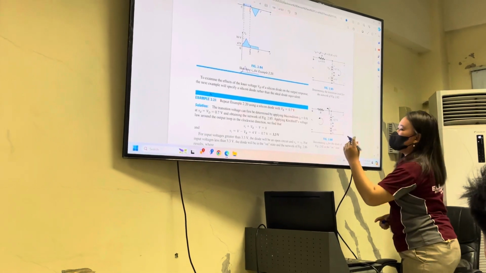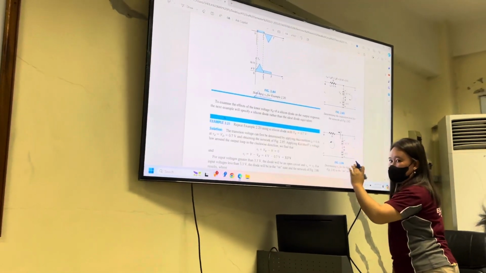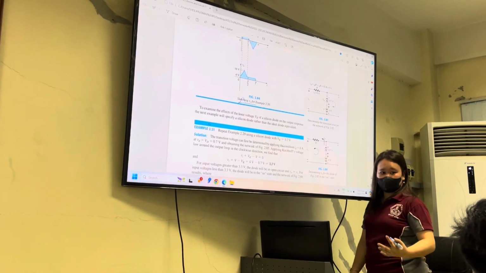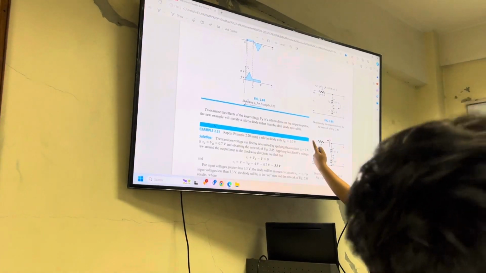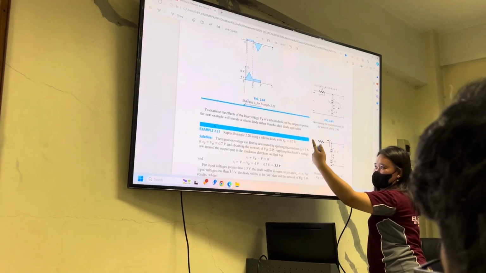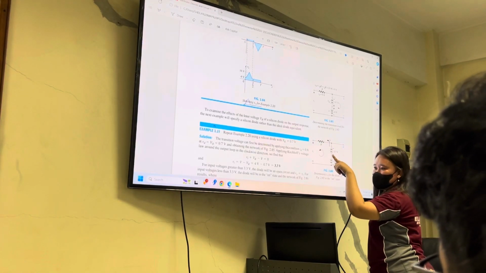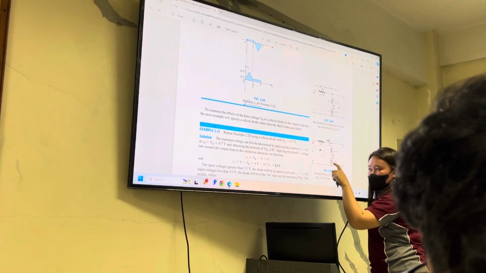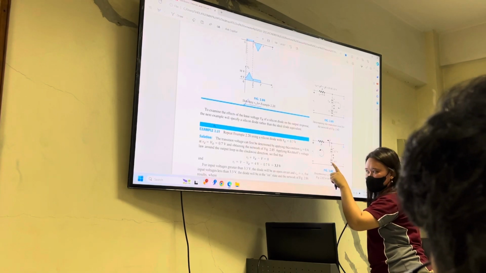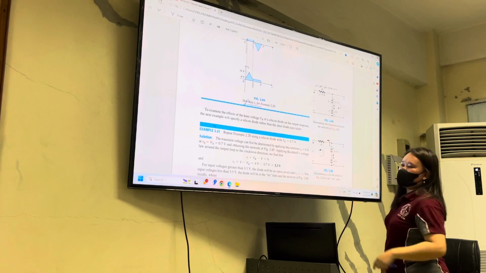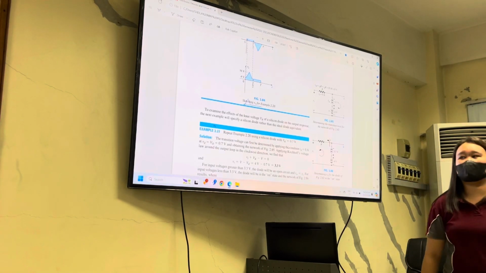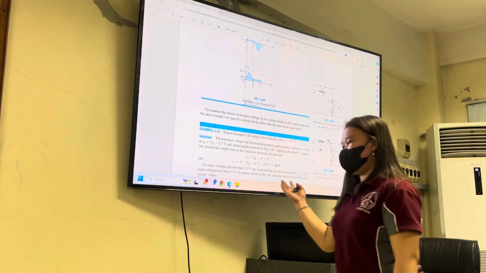So, V output is 0, as mentioned, V output is 0 at the transition voltage. So look: V input plus 0.7 minus 4 volts equals 0. Transpose the two to the other side of the equation.